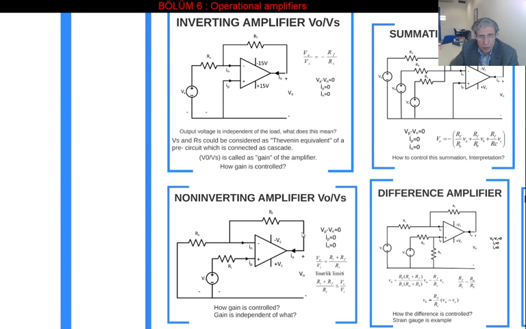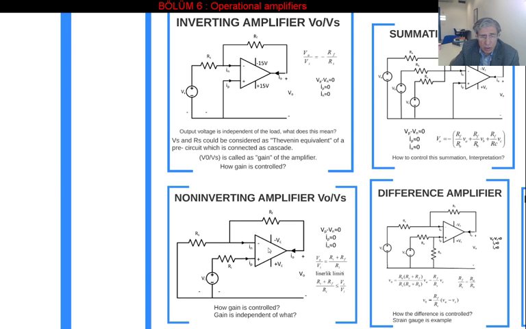If you do the analysis, I'm not going to do it step by step, but just to interpret the result here, that's the definition relation of our ideal operational amplifier.